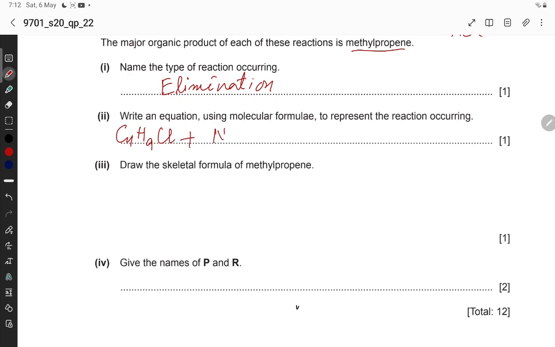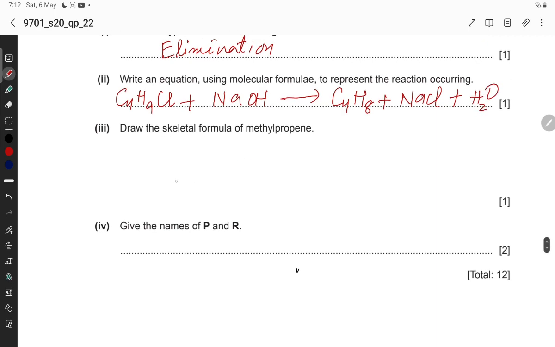Write an equation using molecular formula to represent the reaction occurring. C4H9Cl plus sodium hydroxide to form C4H8 plus NaCl plus water. Draw the skeletal formula of methyl propene.